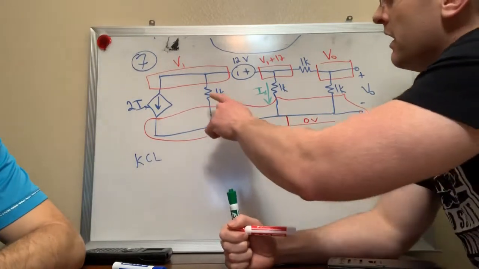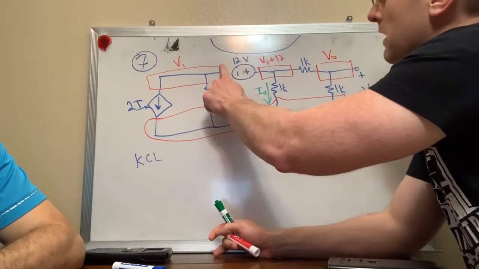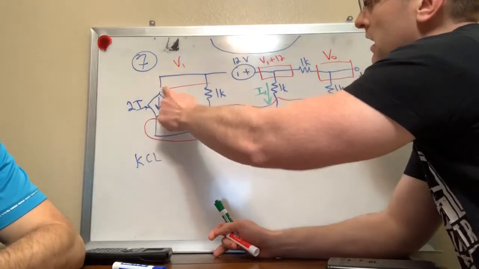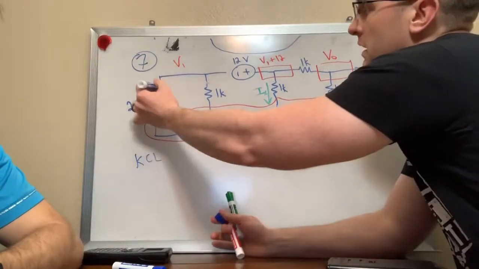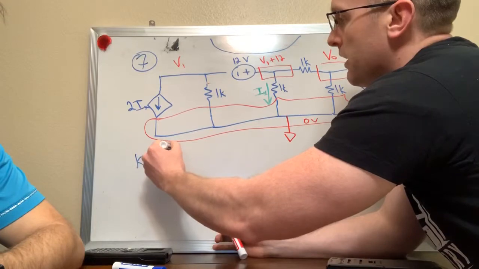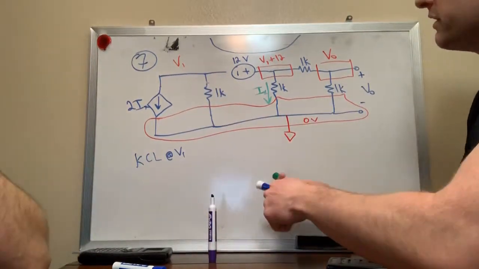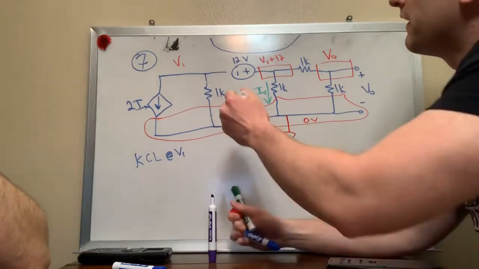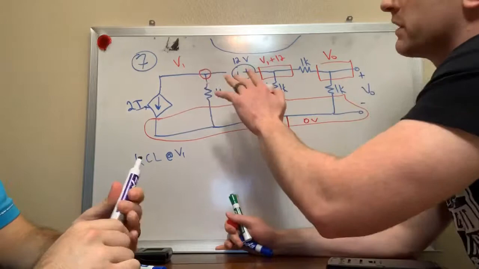So I'm going to write a KCL at V1, at my node V1, okay? I'm going to draw a circle, and we'll get to a supernode later.